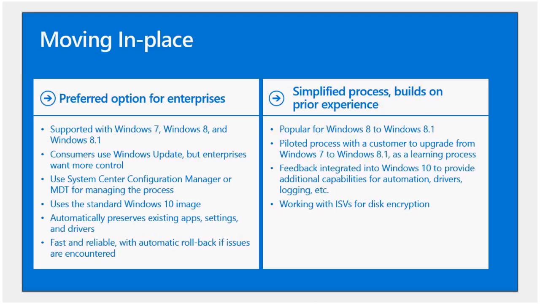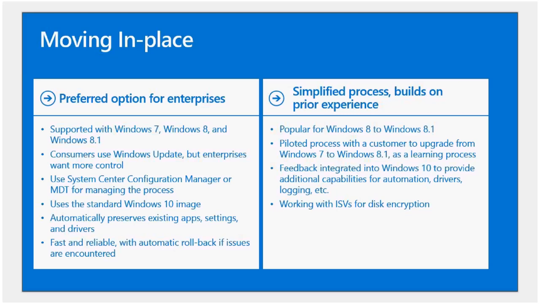Adding things like additional command line options to fully automate and hide the upgrade process. Adding more control over the driver migration process, changing the way logging works. So all of those enhancements have been integrated into setup so that we can take those learnings from the customers that we've worked with and make those available in Windows 10.